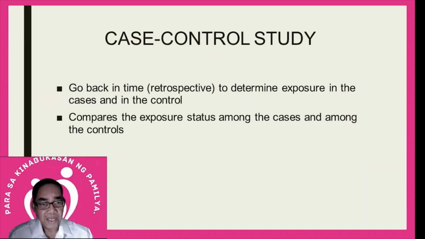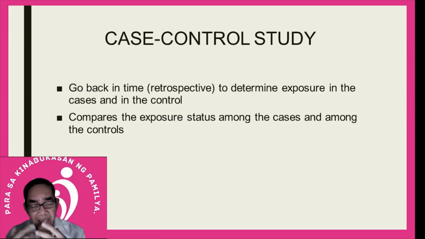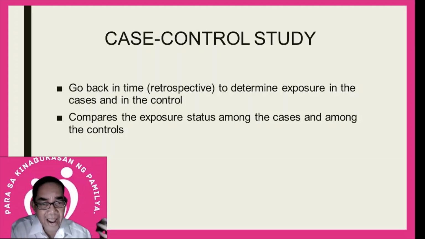So that in a case control study, we go back in time retrospectively to determine the exposure in the cases and in the controls. And that's the reason why a lot of people many years ago talk of a retrospective study design.